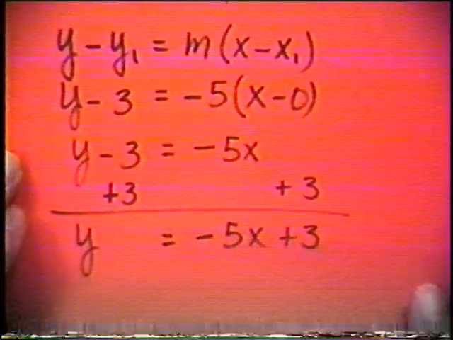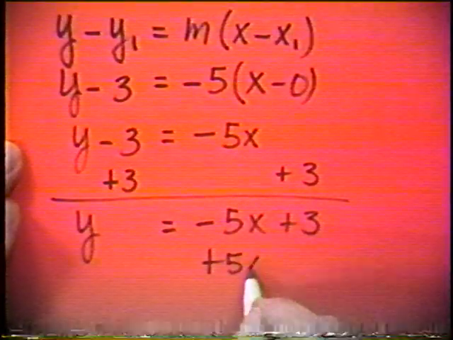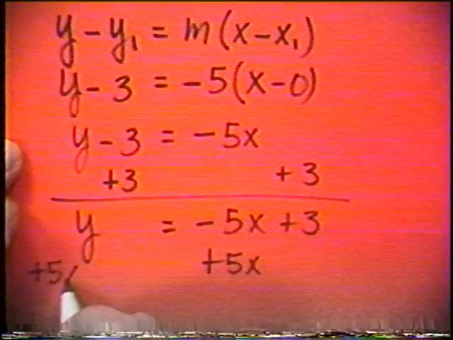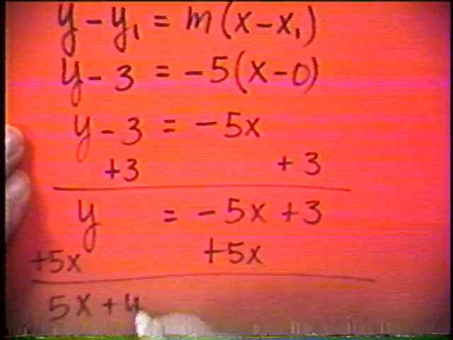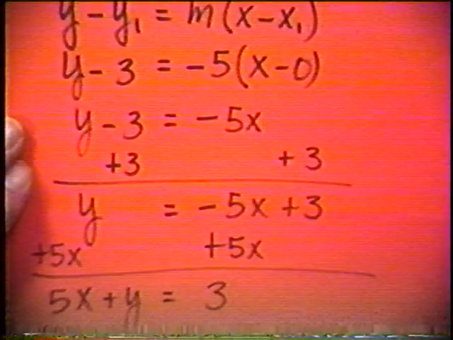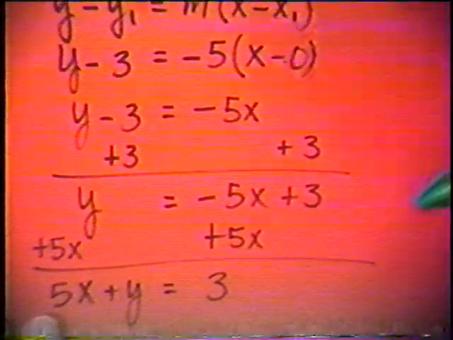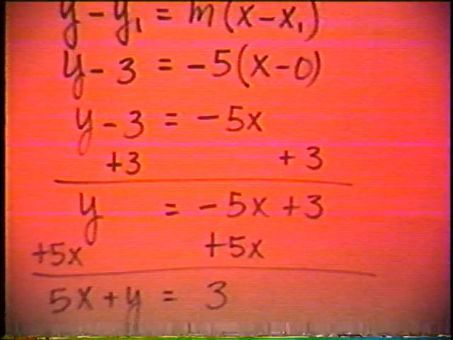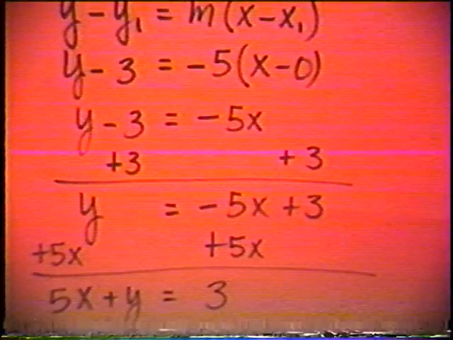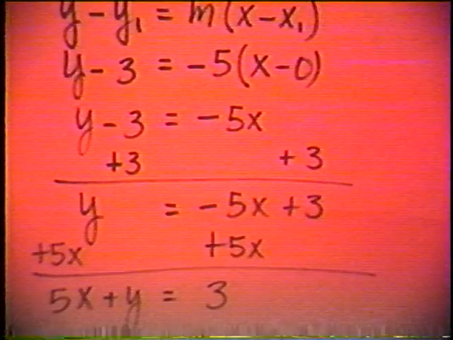And then add 5x to both sides. Because remember, we have to have the x and y on the same side and the number on the opposite side. So we'd have 5x plus y equals 3. Okay?